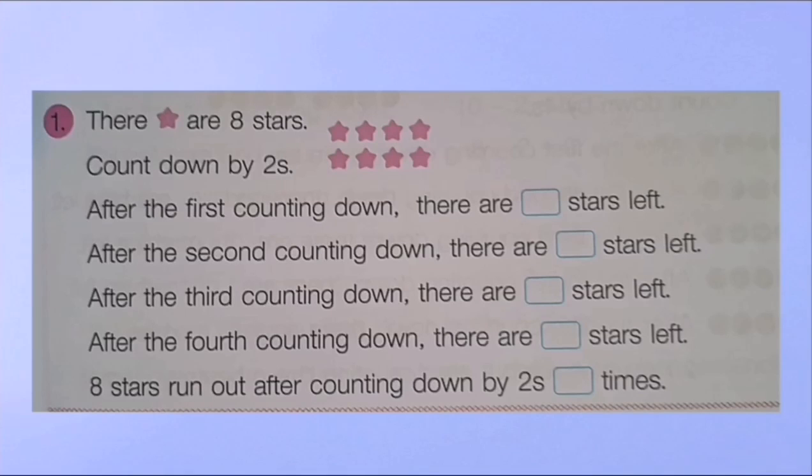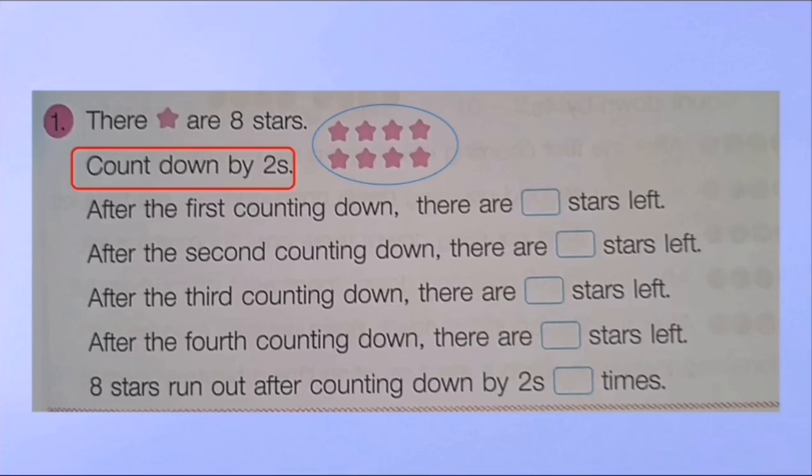Now, this is our first exercise. Let's read the sentences. There are 8 stars. You can see I encircled the 8 stars. Let's read. Count down by twos. That means you only need to count down by twos.